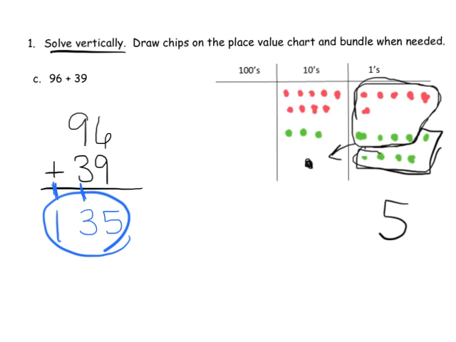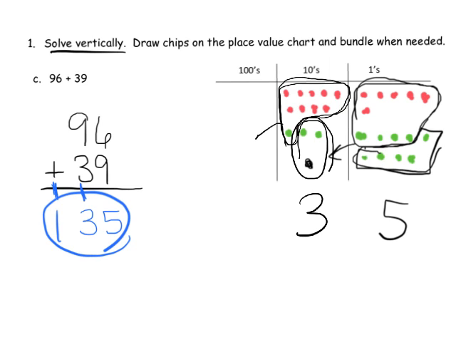Now we're going to add. We've got 9 up here plus 1 down here. 9 plus 1 is 10, so we can see that we've got 13 total. So that means we can bundle 10 together. These 3 are going to be left over, and these 10 can be bundled together for a hundreds column.